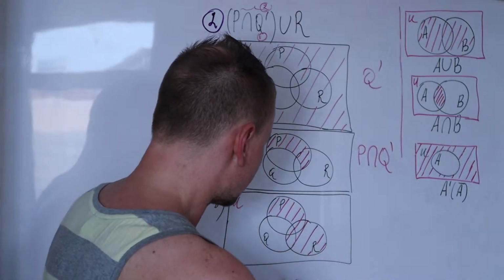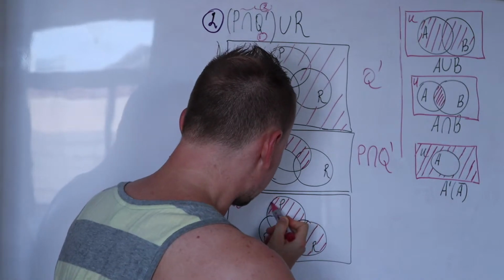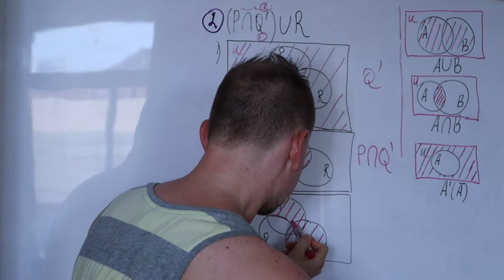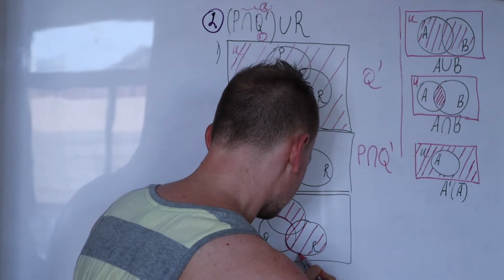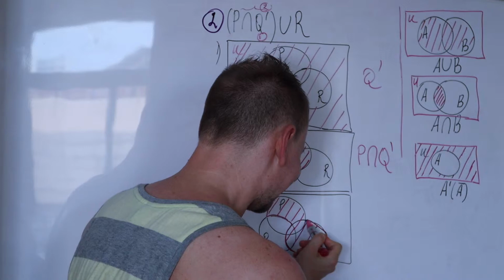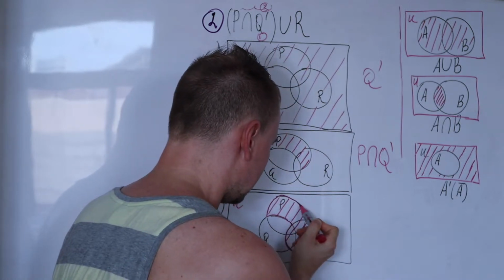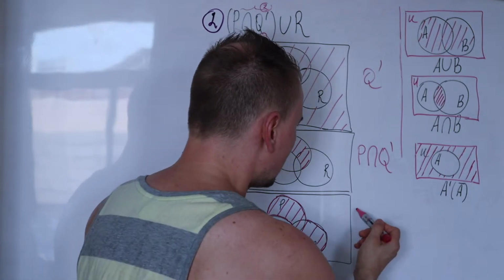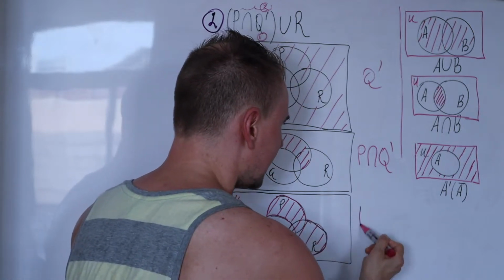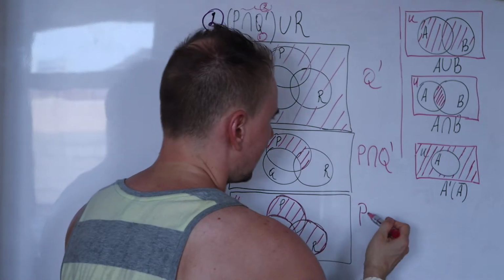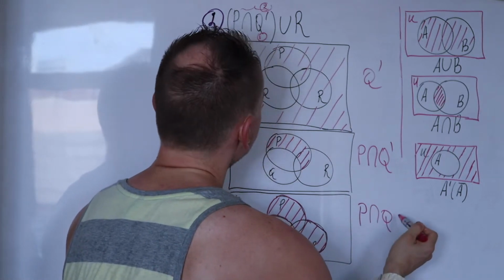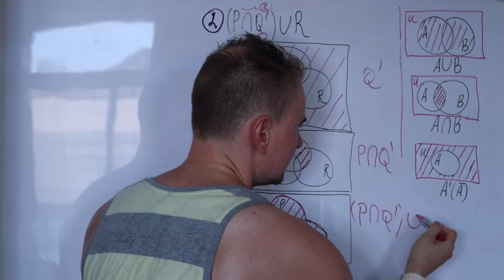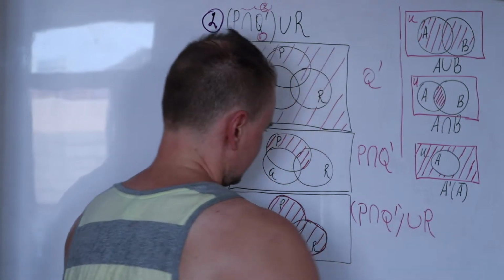Alright, so basically I'm going to highlight it like this. It's going to be this part, including the entire set R completely. Alright, and this is your shaded area for that final set. So P intersection Q prime union R.